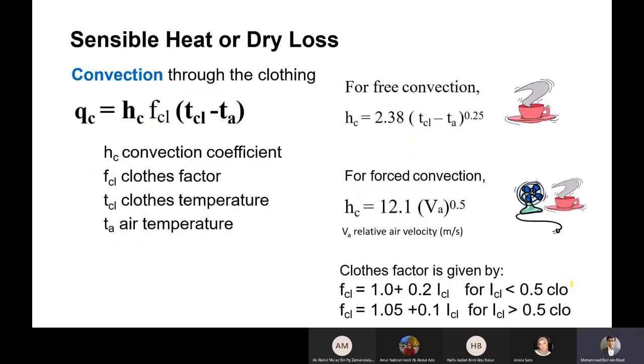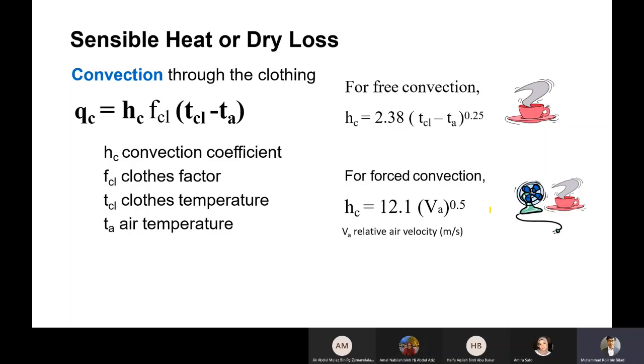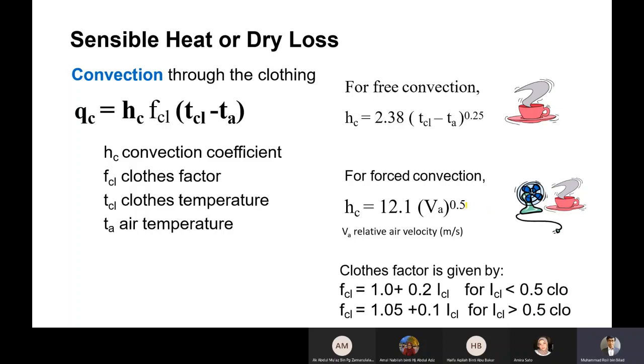Okay, next we do convection. So if you cannot calculate this through conduction, you can calculate it through convection and radiation. Convection is very simple. The heat of convection is a constant times the driving force. It's always mass transfer: something as a constant times the driving force.